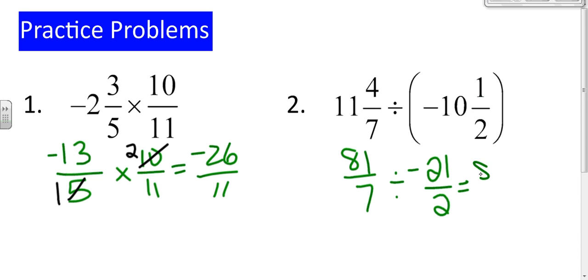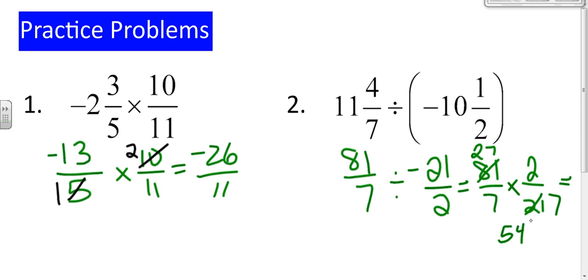So I get 81 over 7 times 2 over 21. Now I know 3 goes into 81 and 21. 3 goes into 81 27 times, and 3 goes into 21 7 times. When I multiply straight across, 27 times 2 is 54. 7 times 7 is 49.